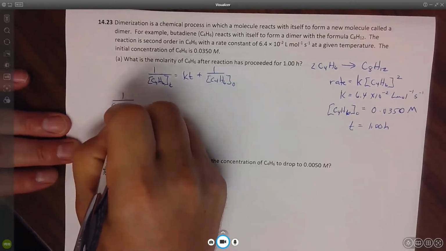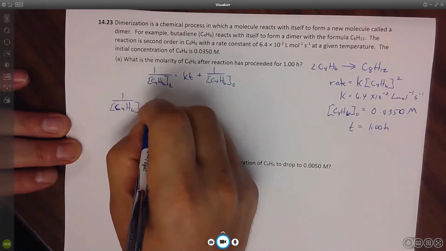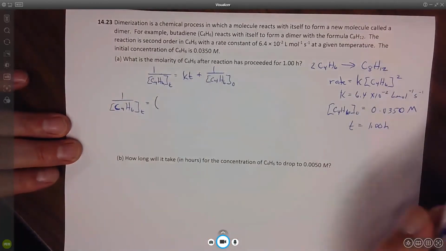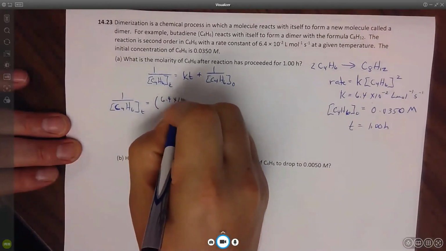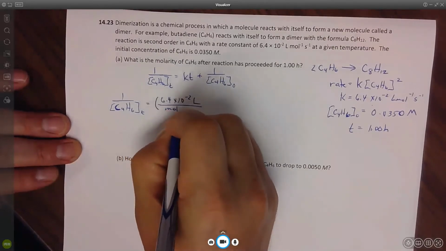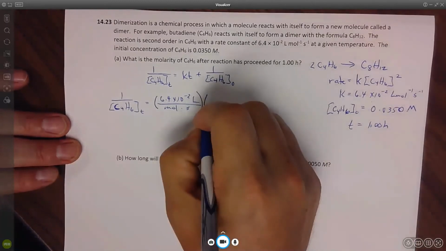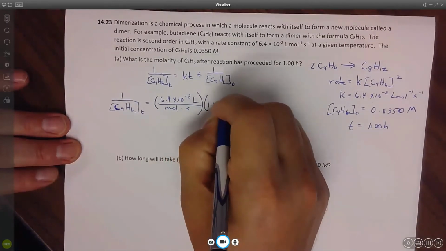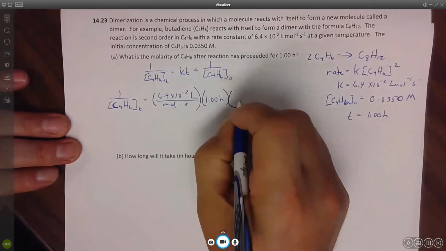Let's see. So k was given to us as 6.4 times 10 to the negative 2 liters per mole per second. And then the time was given to us as 1 hour. And we can see that the seconds and the hours aren't canceling, so we need to convert one or the other.